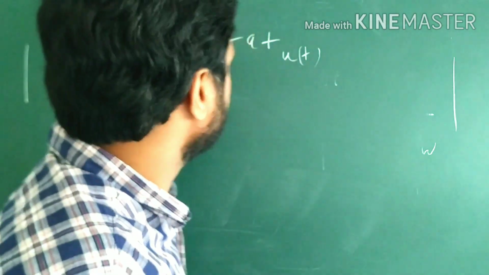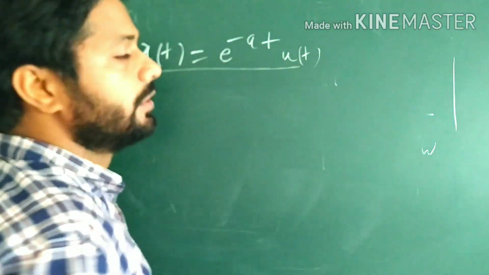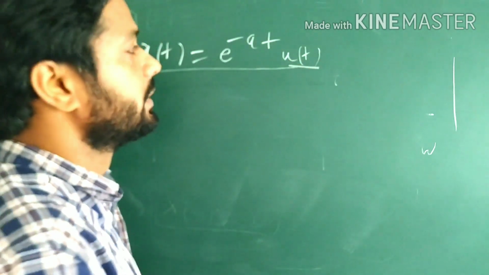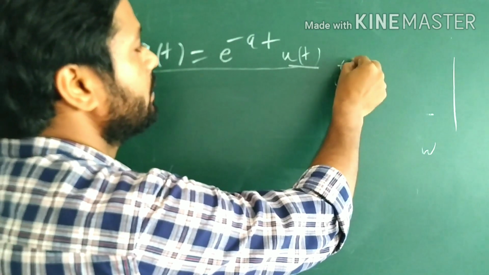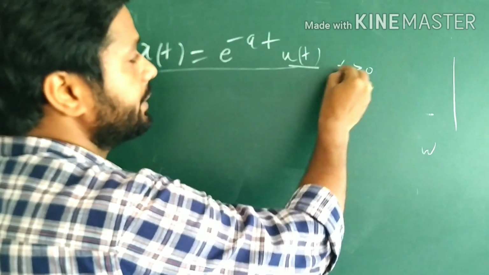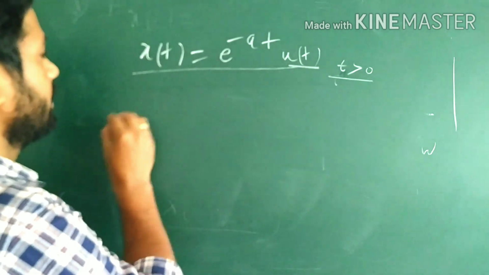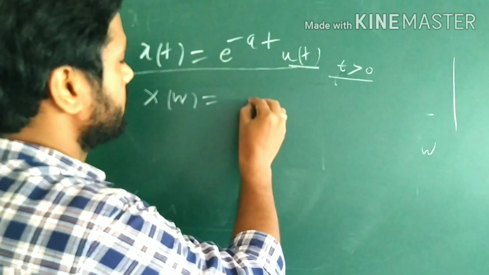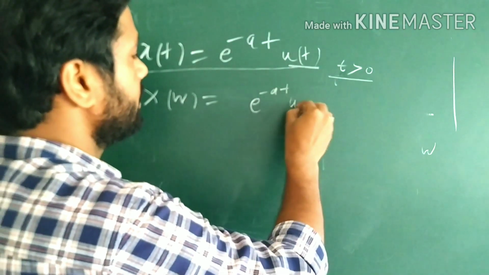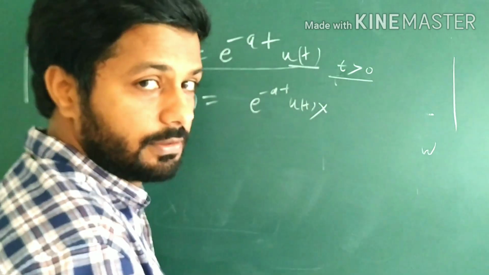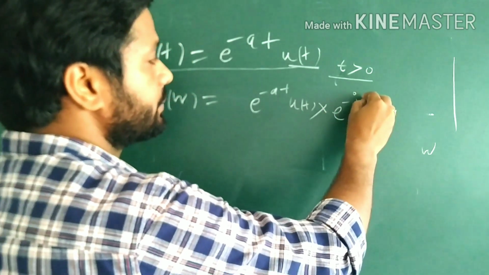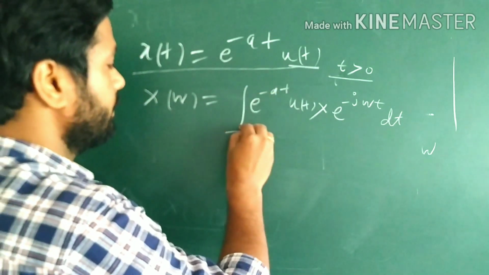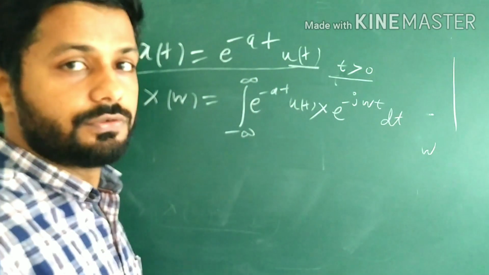Now we have to find the Fourier transform of x(t) equal to e to the power minus a t u(t), where u(t) is a step signal. We know that step signal only exists at t greater than 0. So we have to find its Fourier transform. By definition, the signal e to the power minus a t u(t) has to be multiplied by e to the power minus j omega t, and we have to integrate with limits minus infinity to infinity.